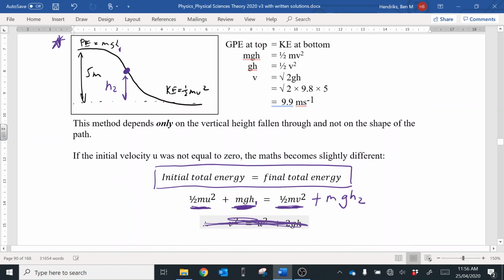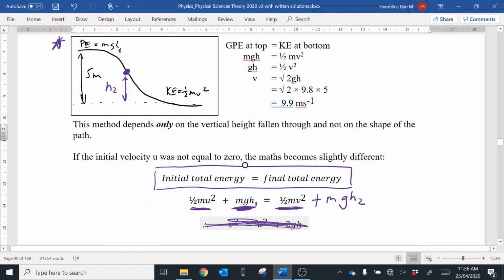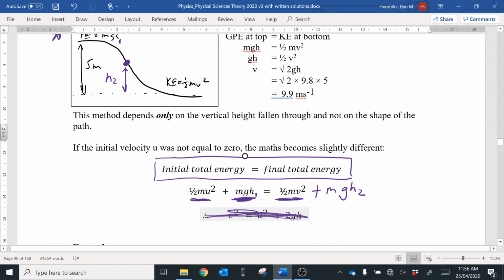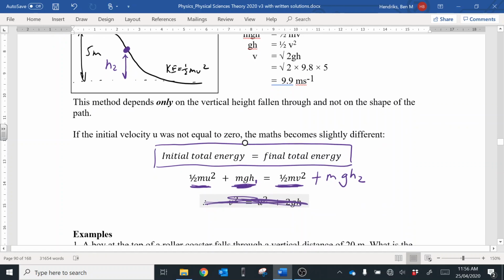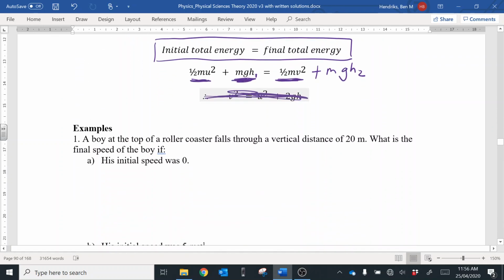That's a bit more general, so you could actually measure what all the energy is. So initial total energy equals final total energy, but this is also assuming we're not losing any energy to heat or sound or things like that.